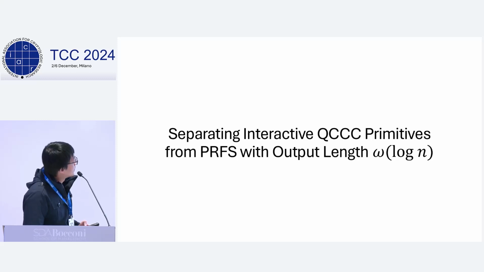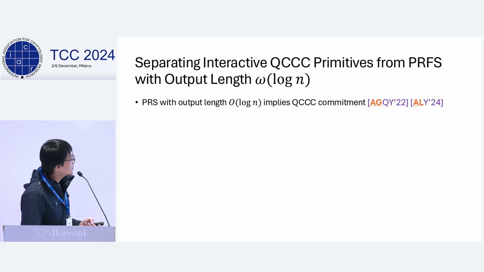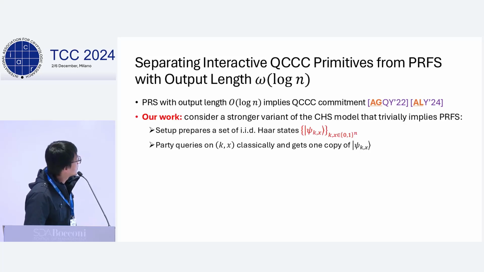So if the PRFS or PRS has an output length of order log n, then they in fact imply a QCCC commitment. So our separation actually complements this positive result. In our work, the idea is to consider a stronger variant of the CHS model that trivially implies PRFS.